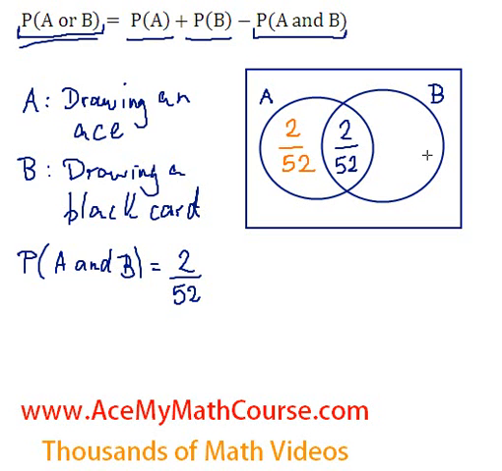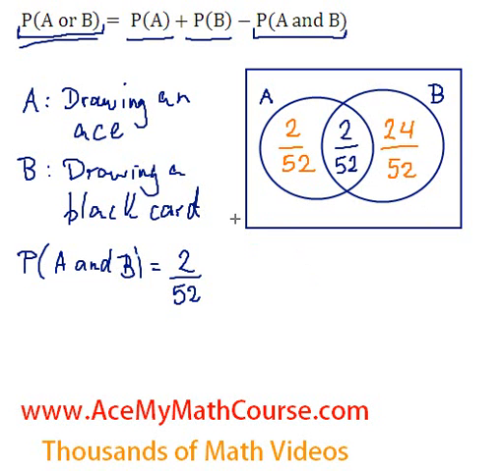Great. How about over here? This area represents black cards that are not aces. In total, there are 26 black cards in the standard deck of 52 cards. So there are 24 black cards that are not aces, because I'm subtracting the two aces here. There we go.